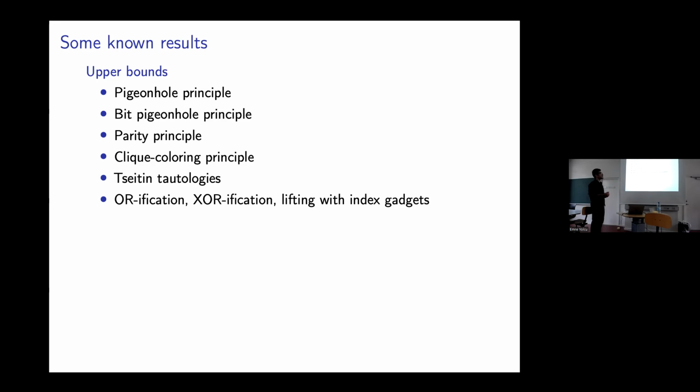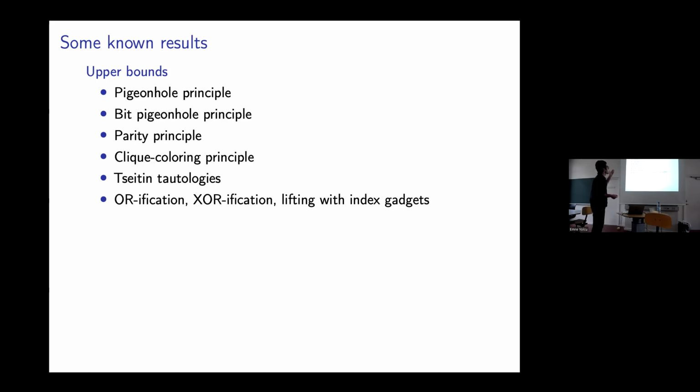Orification and XORification are syntactic manipulations that you do to formulas to make them harder, and lifting with index gadgets is another version of the same idea, where you lift lower bounds on weaker computation models to stronger computation models by playing with the formula syntactically.